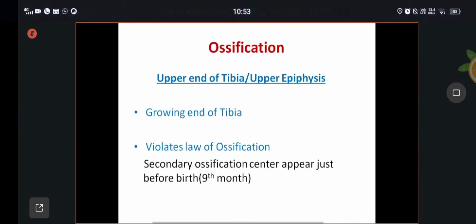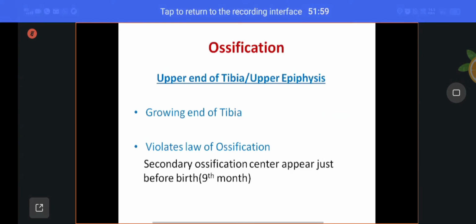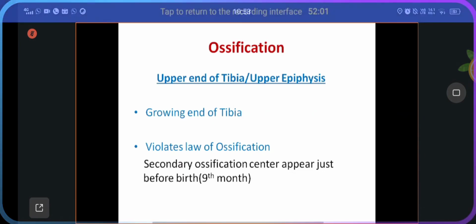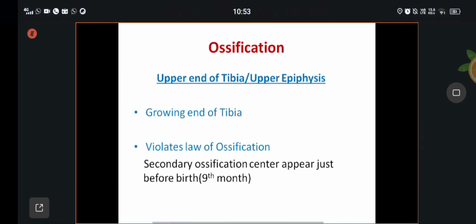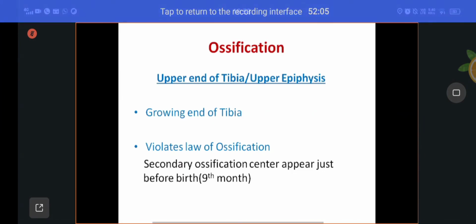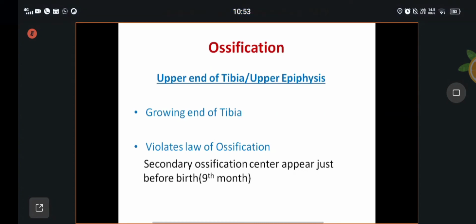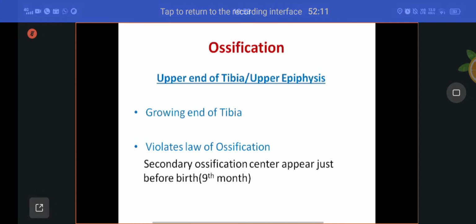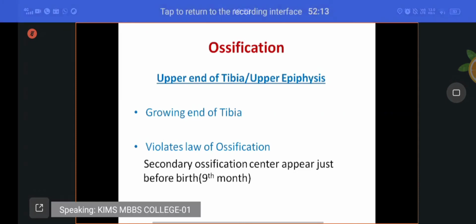These three parts, the lower end of femur and upper ends of tibia and fibula, are the growing ends of the bones, because the nutrient foramen runs away from these ends.